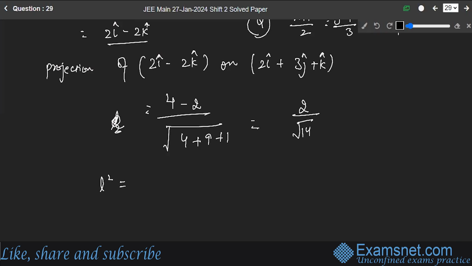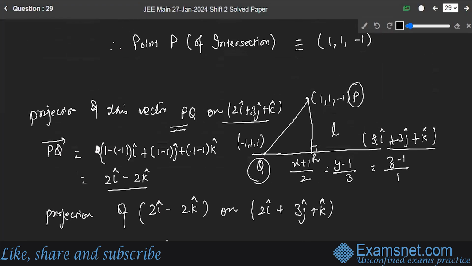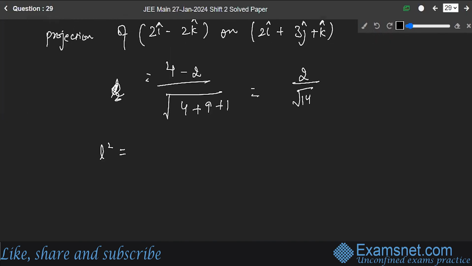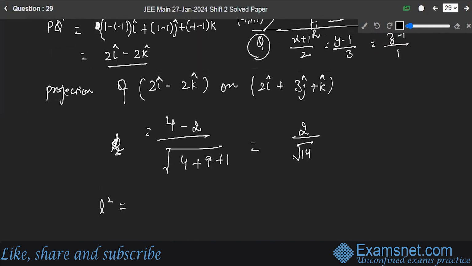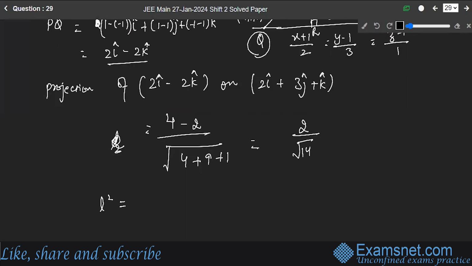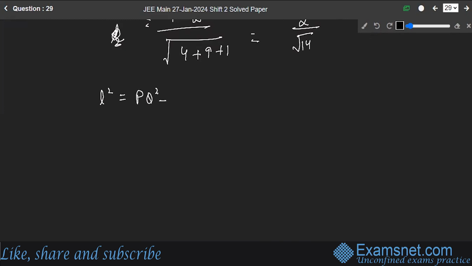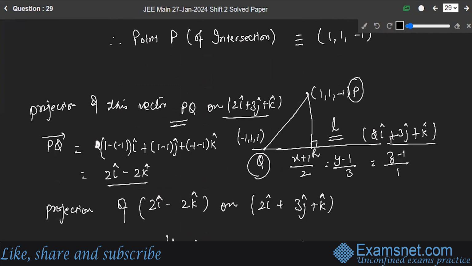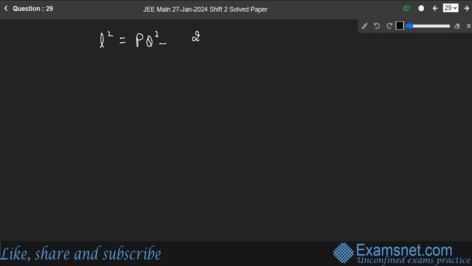So L square will be given by PQ square minus this square, QR square. So what is your PQ? PQ is the distance between the two points P and Q. P was (1, 1, minus 1), and Q was (minus 1, 1, 1).